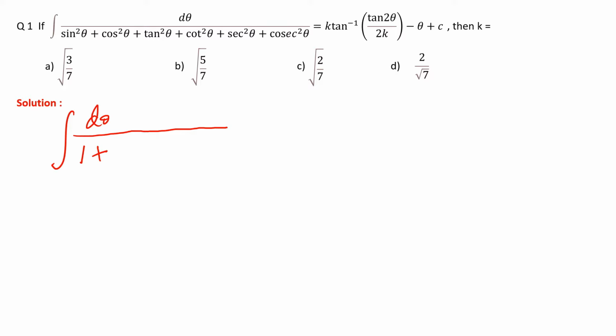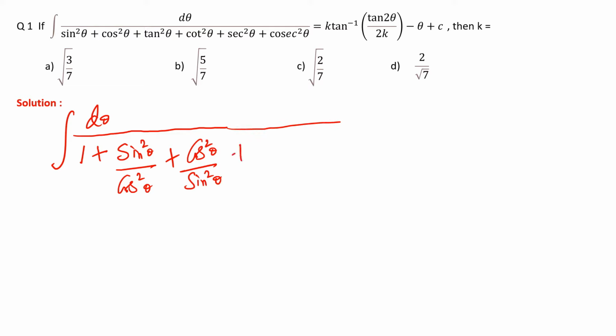Like tan square theta can be written as sine square theta upon cos square theta. Fine. Similarly, cot square theta can be written as cos square theta upon sine square theta. And then secant square is 1 upon cos square and cosecant square is 1 upon sine square.